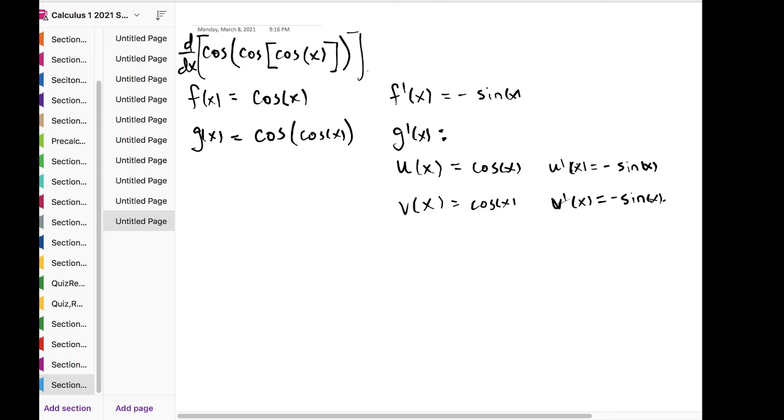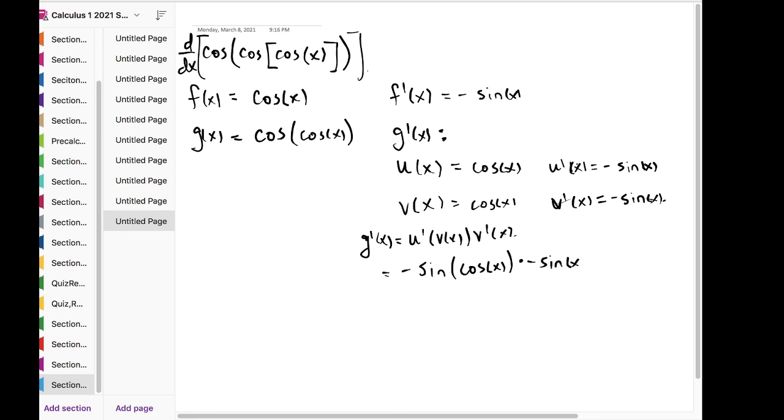So g prime is u prime of v of x times v prime of x. Okay, so you just plug it in, negative sine of cosine times negative sine. So it's sine of x, sine of cosine.